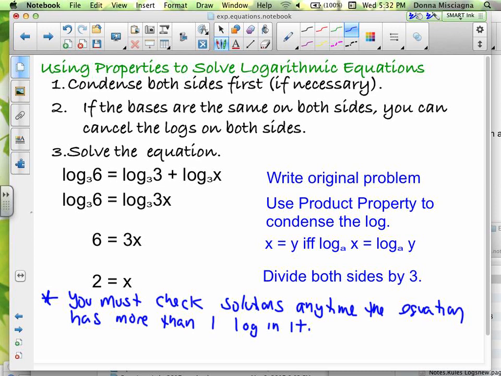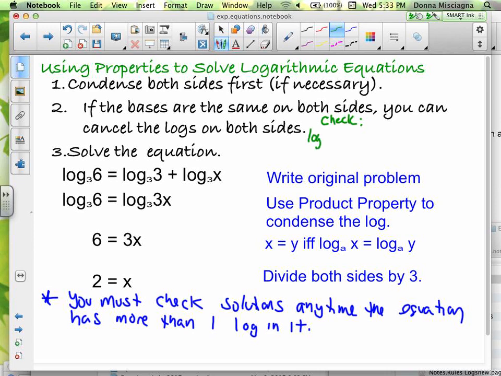Because as soon as we get more than one log, that's where things can happen that give us some false solutions. We drop the logs just because we set what follows equal to one another. If it doesn't work in the log equations, it's not a good solution. So here, let's check our solution and make sure it's okay.